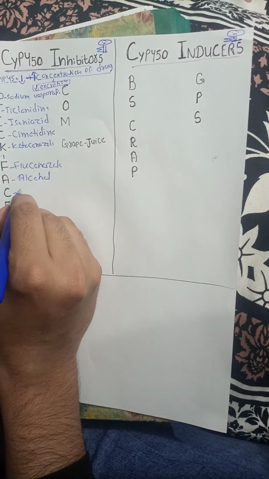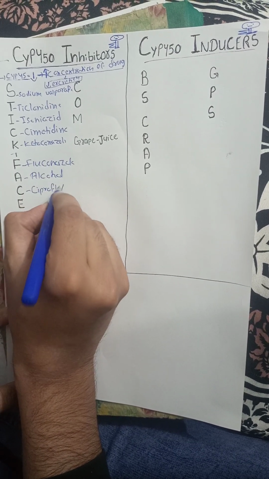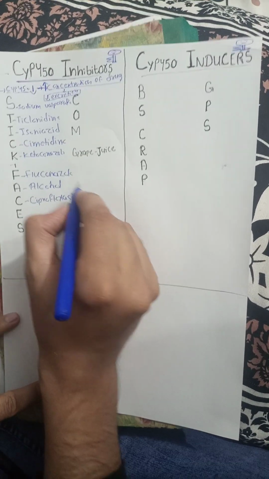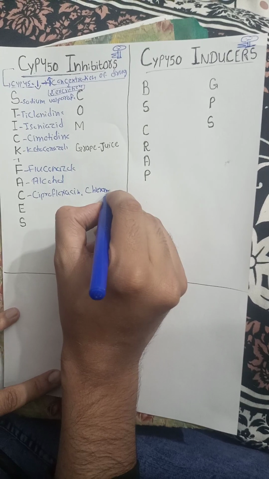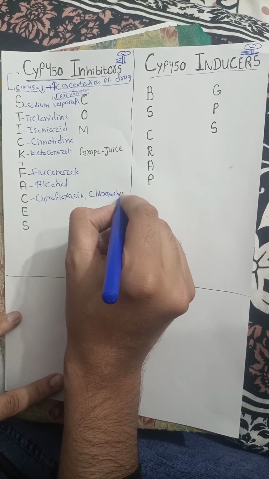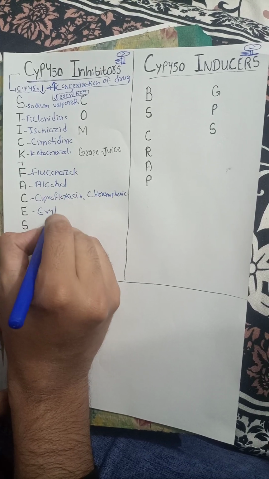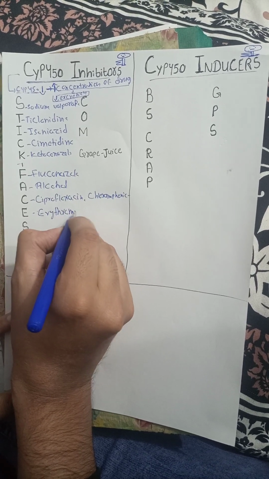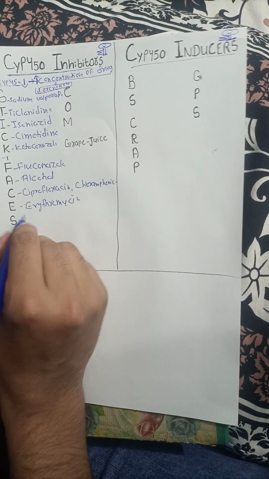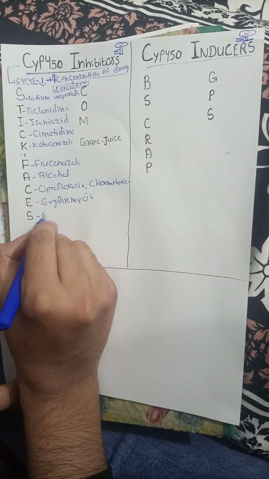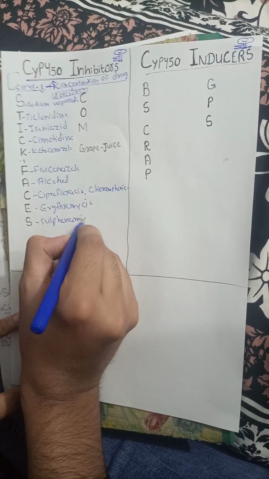C is ciprofloxacin and chloramphenicol, E is erythromycin, and S is sulfonamides.